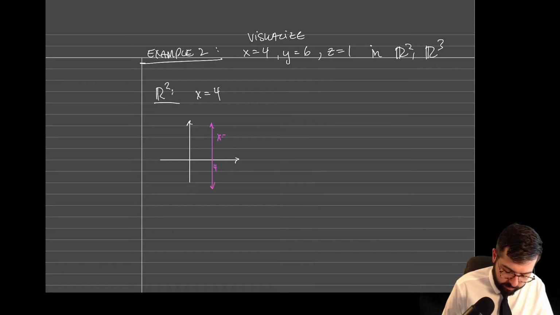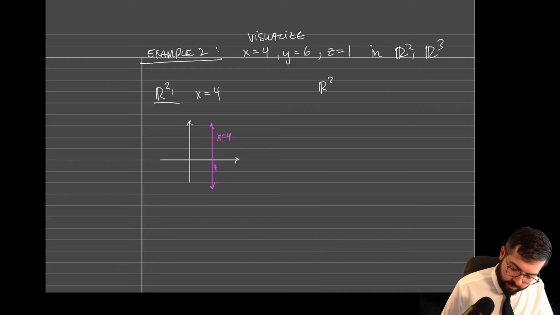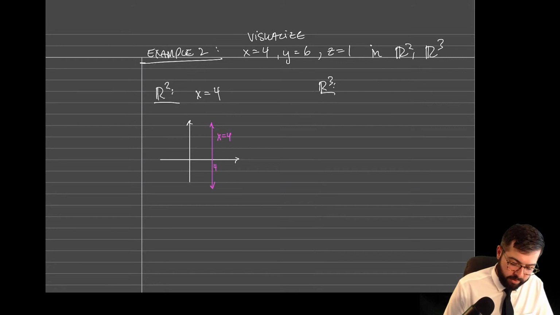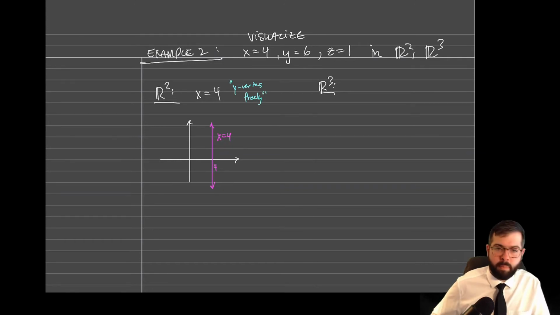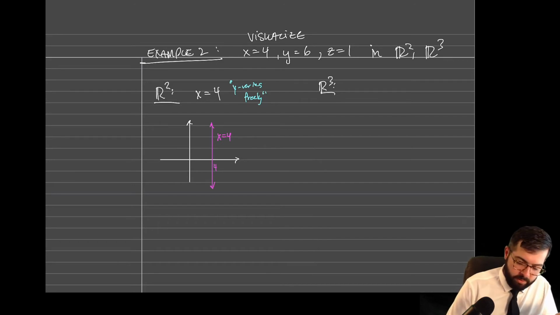This is x equals 4. So what we have here is x is 4 and y varies freely, right? In R3, we have x equals 4. And what's this thing going to look like?